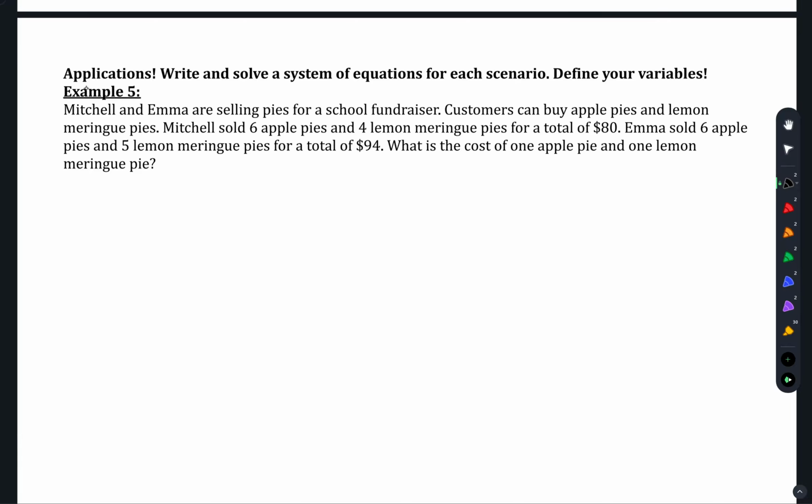What are the variables that I would need to start setting up this equation? What do x and y represent? Cost of apple pies. And let's call y cost of lemon meringue.